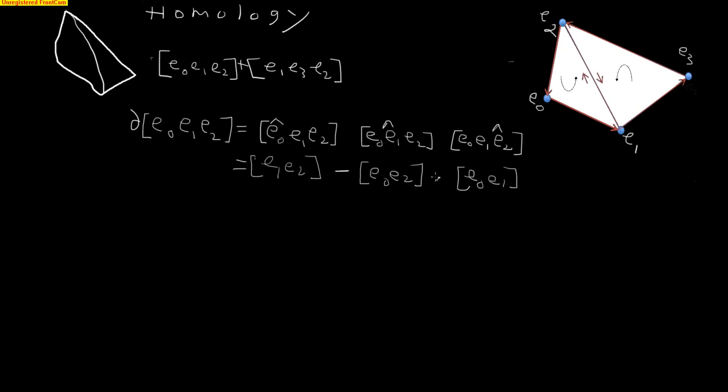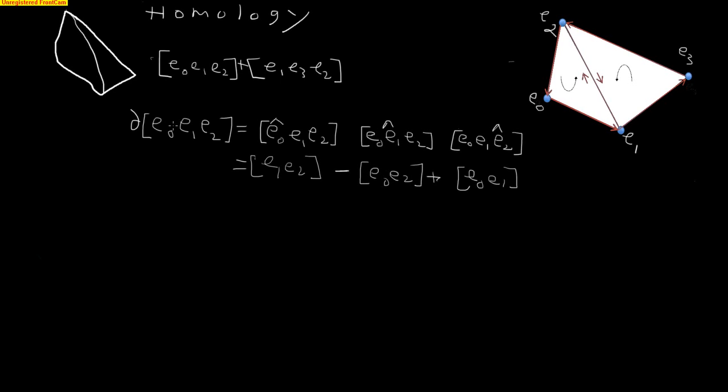And here we have a plus sign, right? So essentially, if we follow this rule, drop the first, the second, the third, put a minus sign here, put a plus sign there, algebraically what we get are these three segments, and the interpretation is, of course, this triangle, right?